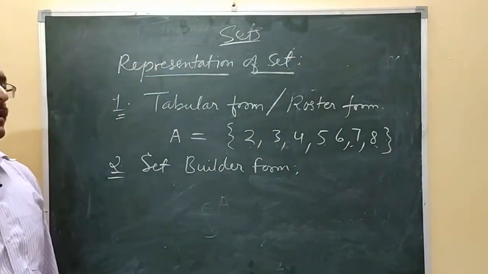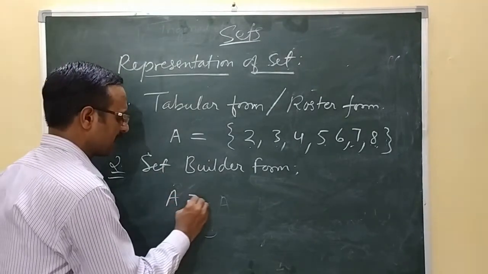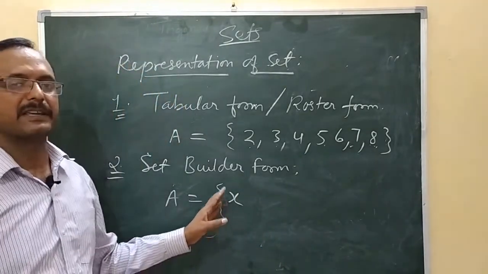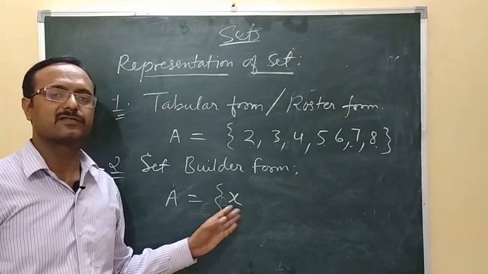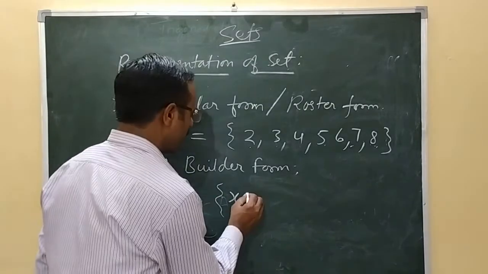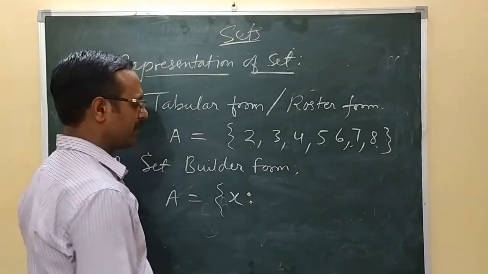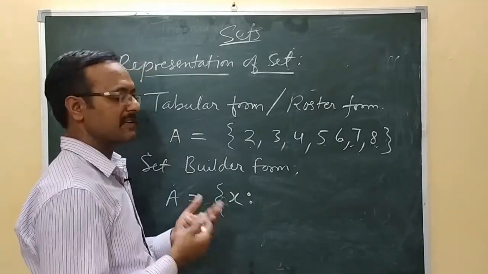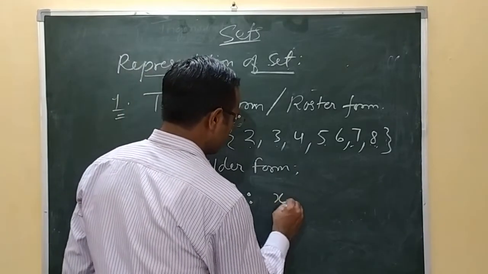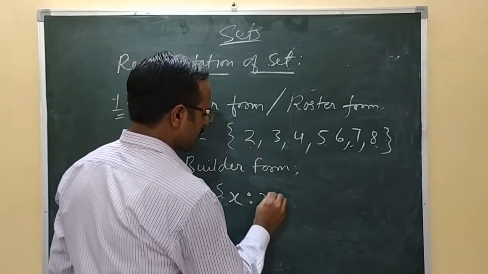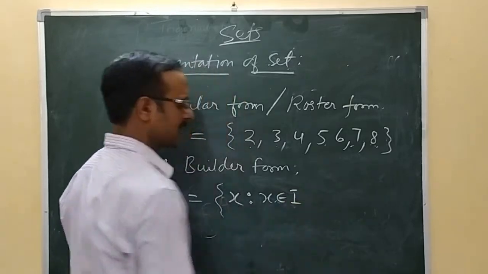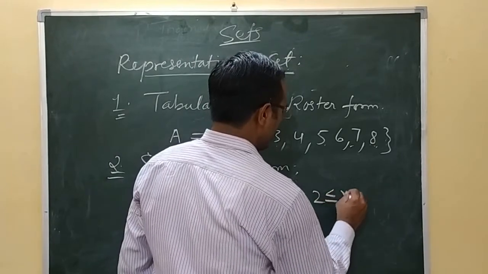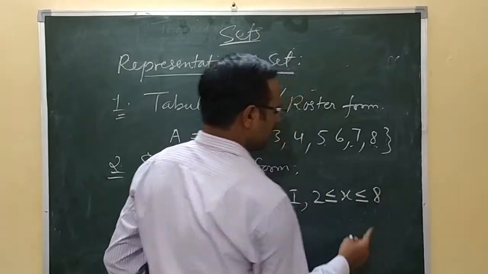In set builder form, we denote the set like this. We put curly braces, then represent each element by a small letter, that is x or a, b, c, followed by a colon. Then we give the nature of x, that is the property of x. x belongs to integers, so I can write x belongs to I, and the range of x is starting from 2 and ending with 8.